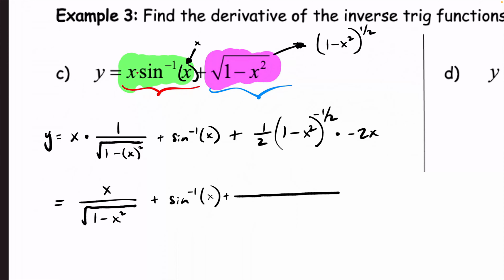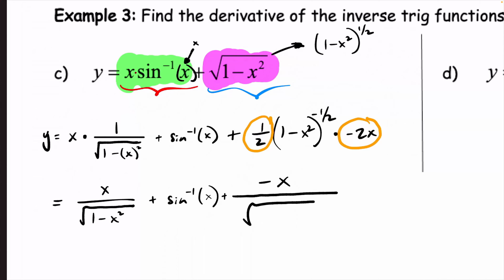So I'm going to multiply this guy times this guy, and I'm going to get negative 1, negative 1x. And then this guy, I'm going to move to the bottom. 1 minus x squared.